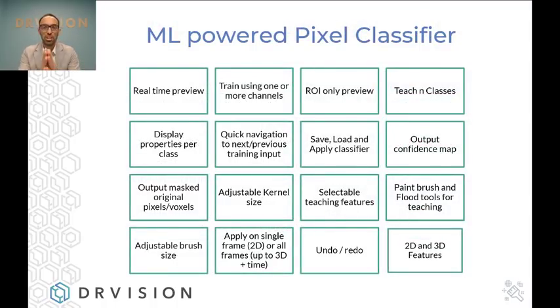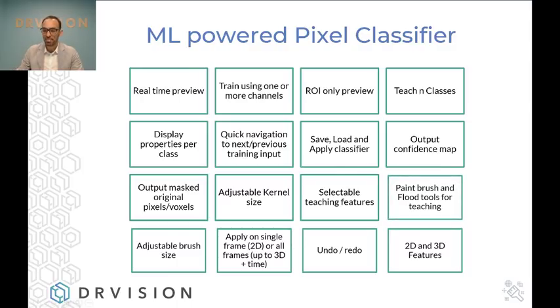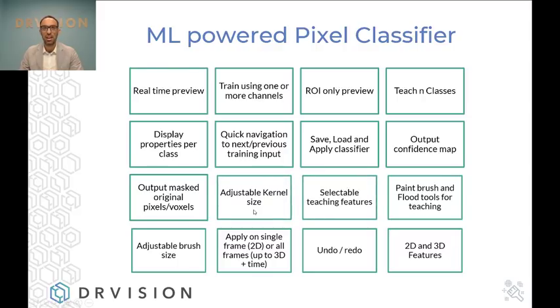So this tool is fully featured. You can see here some of the features. I didn't put all of them here, but these are some of the items that we have and some of the things you can do. I'll just mention a couple that I find really useful. For example, that you can adjust the kernel size is very useful if you have large areas that you're trying to detect.